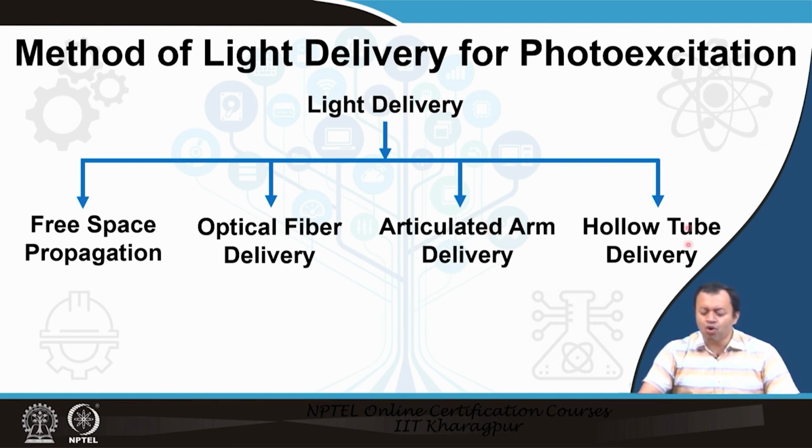And then there is of course hollow tube delivery, a hollow tube that delivers light using sets of lenses, etc. When I am talking about light, I mostly mean laser light brought very, very close to the human body.